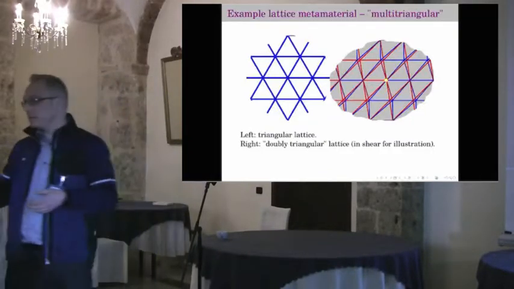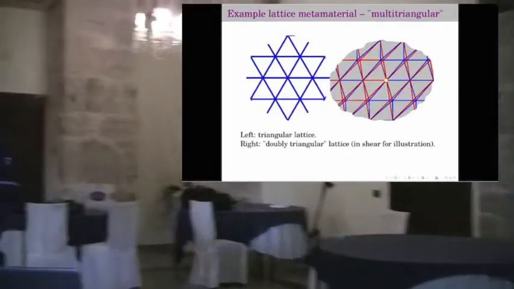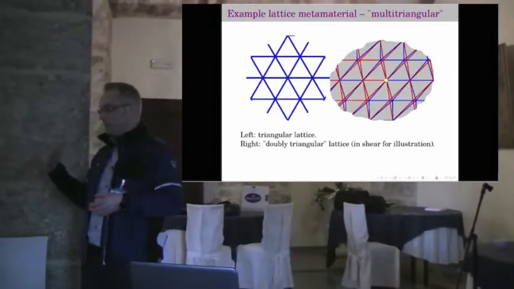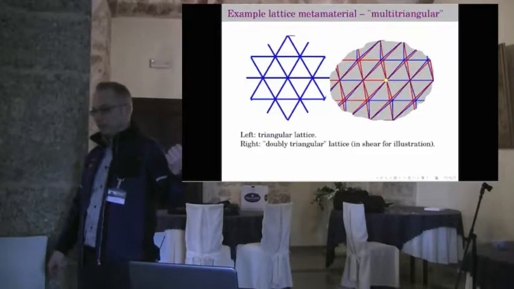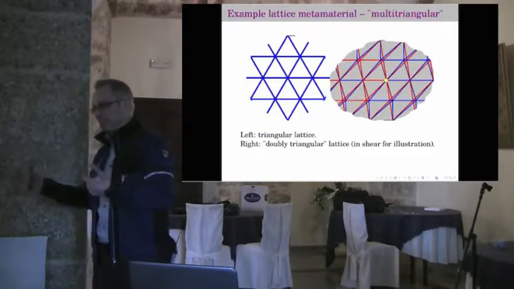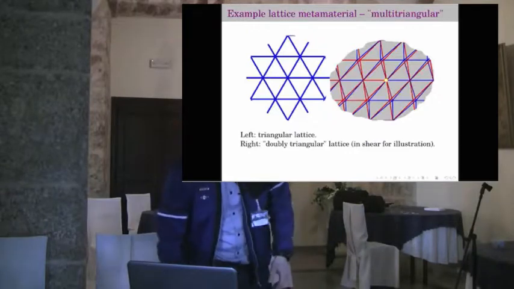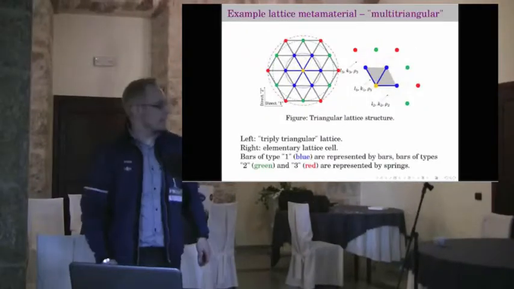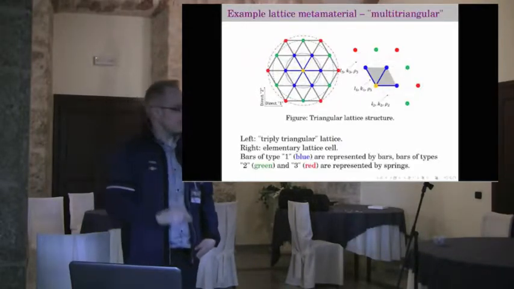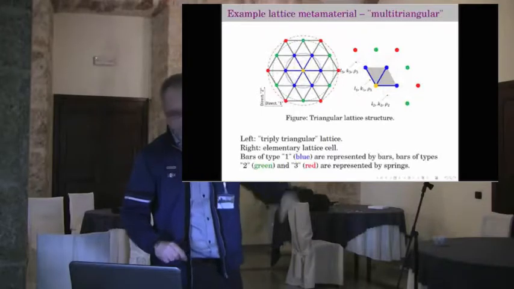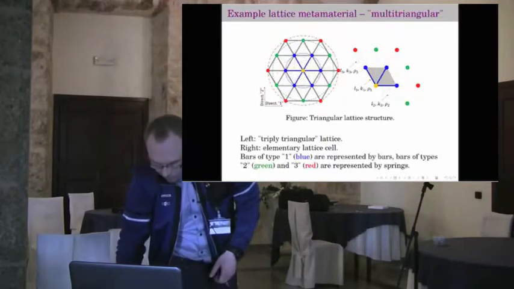So we have 3 different bars, or you can say 3 different springs. And my claim is that this works like a second strain gradient, or third displacement gradient, material. Here you can see the springs. Actually we use bars here, and for the other bars we use springs, just to make it a bit more clear, but now you are not seeing it very well.